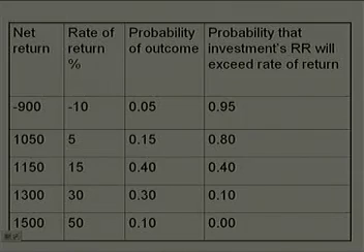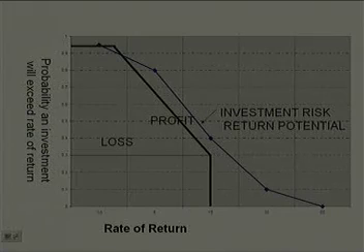First point is minus 10, 0.95, second point is 5 comma 0.80, third point is 15 comma 0.40, fourth point is 30 comma 0.10, and fifth point is 50 comma 0. Now using these 5 points, you can draw a curve, or rather segments of lines, and that is how I have been able to plot this blue line.